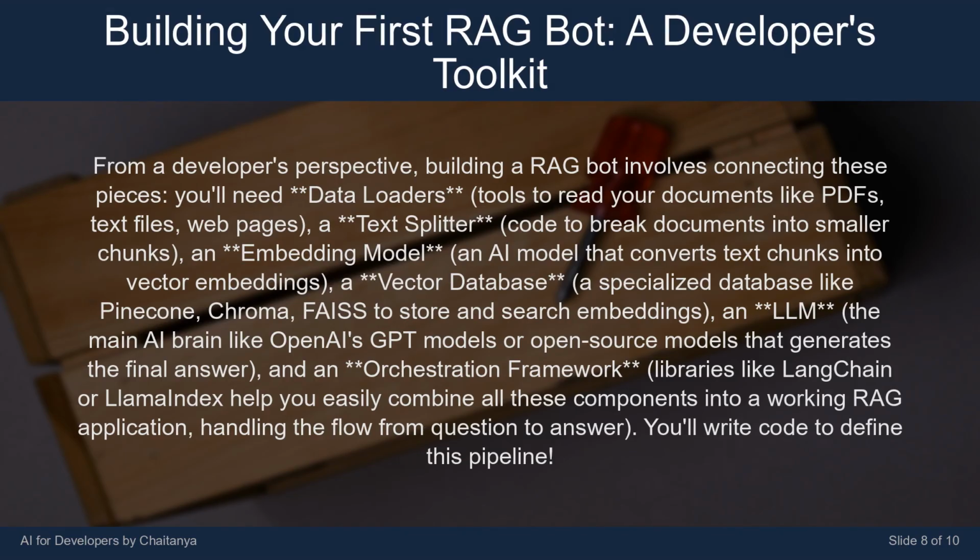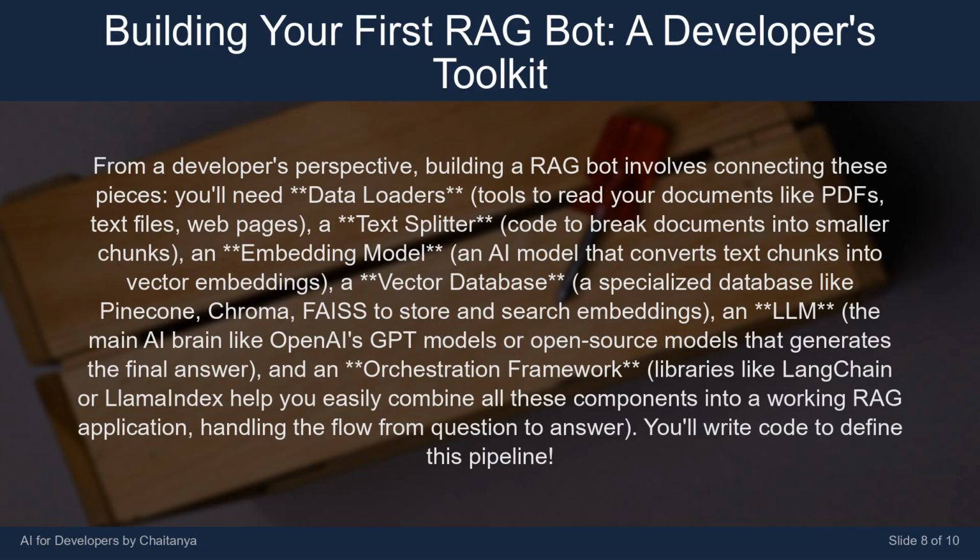You'll need data loaders, tools to read your documents like PDFs, text files, web pages, a text splitter, code to break documents into smaller chunks, an embedding model, an AI model that converts text chunks into vector embeddings, a vector database, a specialized database like Pinecone, Chroma, FAISS to store and search embeddings, an LLM, the main AI brain like OpenAI's GPT models or open source models that generates the final answer, and an orchestration framework.